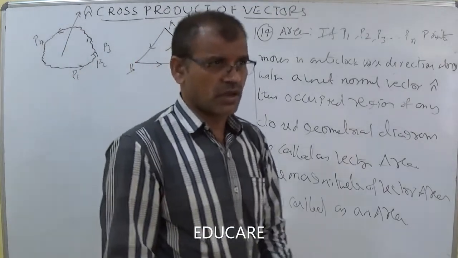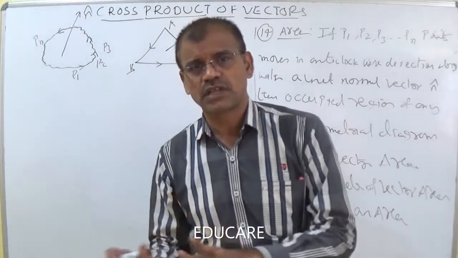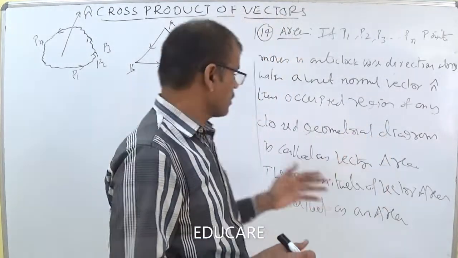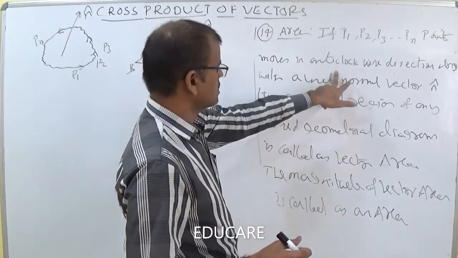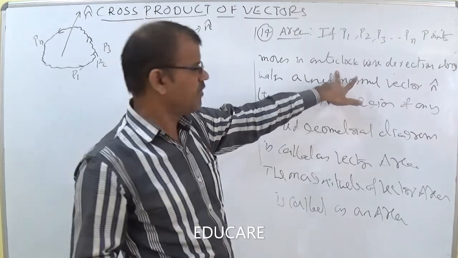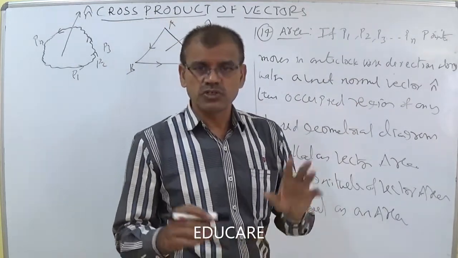Example, the vector area may come in terms like 2i minus 5j plus 3k; a minus sign is also fine, no problem. If the angle is in the anti-clockwise sense, it is positive; if it is in the clockwise sense, it is said to be negative area. Vector area may be negative, but magnitude of area should not be negative.